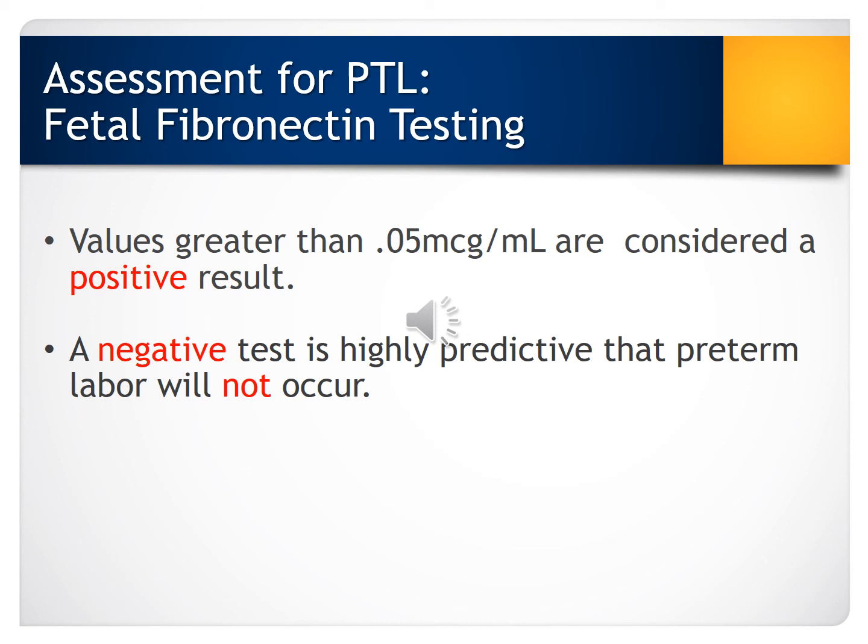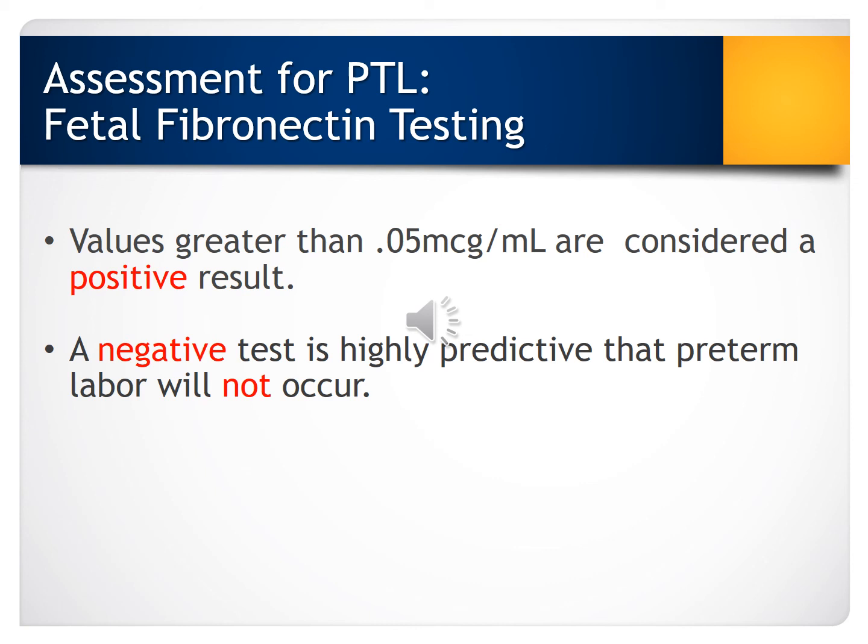If that test comes back negative, meaning there is a low value or no fibronectin noted, it's highly predictive that preterm labor will not occur. However, if a test comes back positive showing that there is some fetal fibronectin, we cannot use it to predict that preterm delivery is likely.